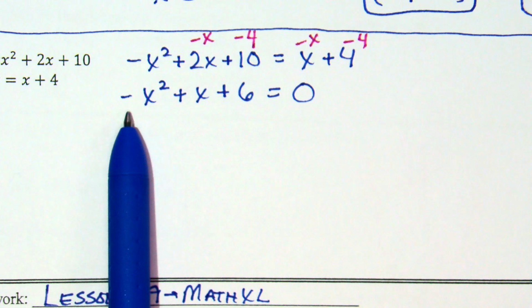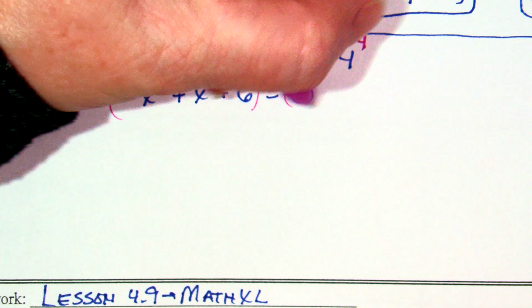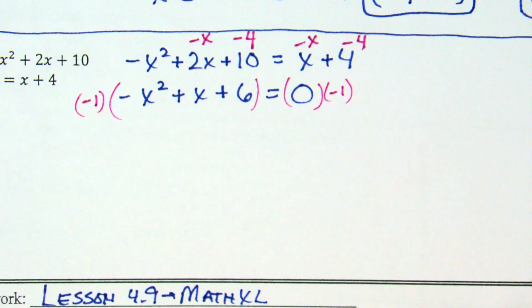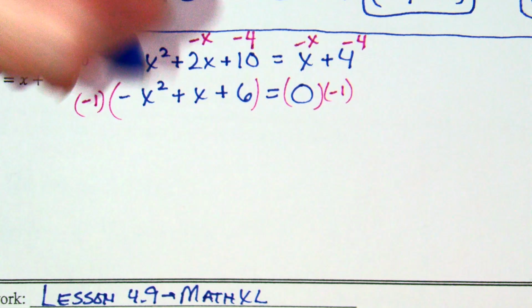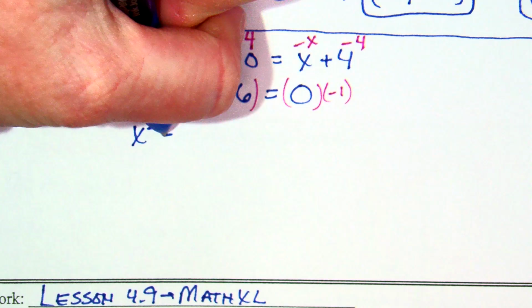So to get rid of a negative in an equation, multiply by a negative. Now, you can only do that in an equation. You can't just do it to an expression. But in an equation, when it's equals on both sides, you can. So now my equation becomes x squared minus x minus 6 equals 0.